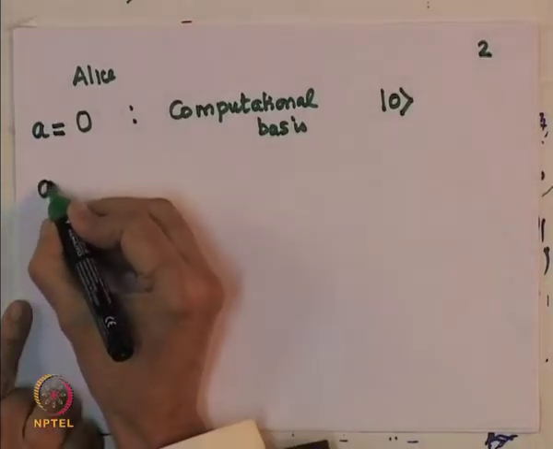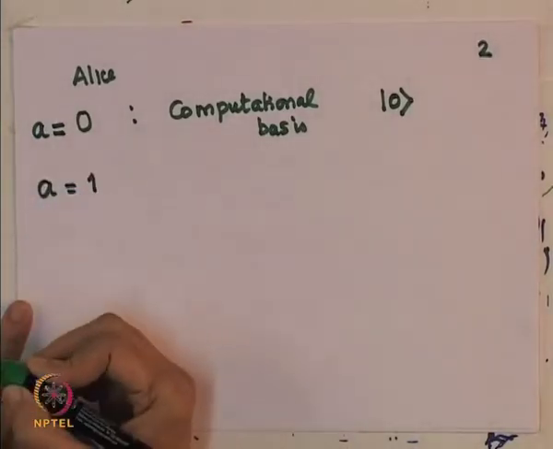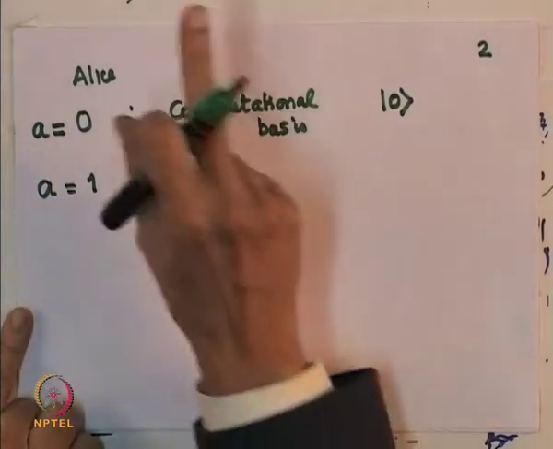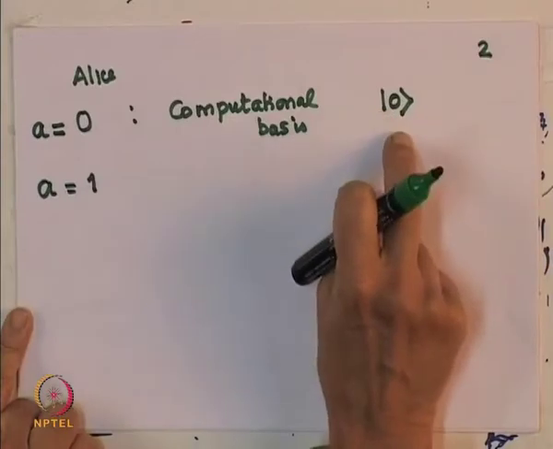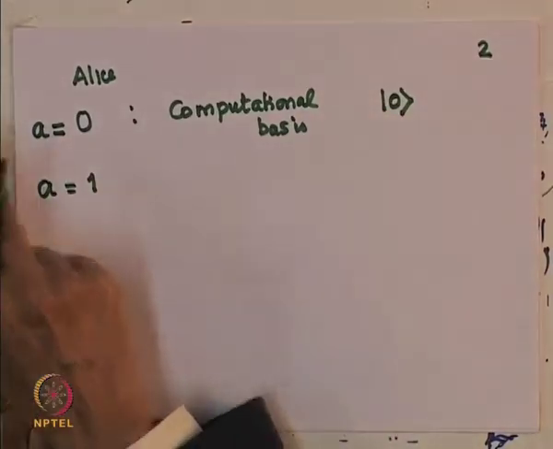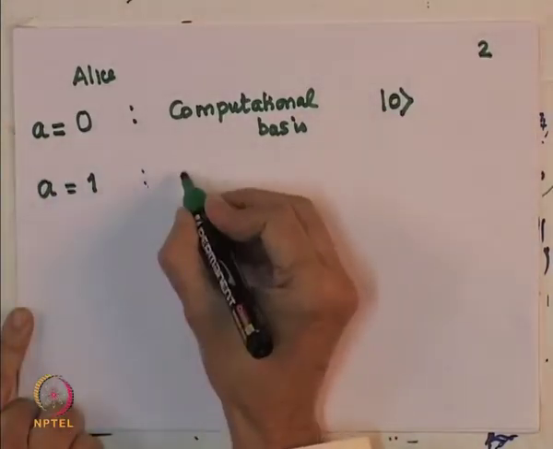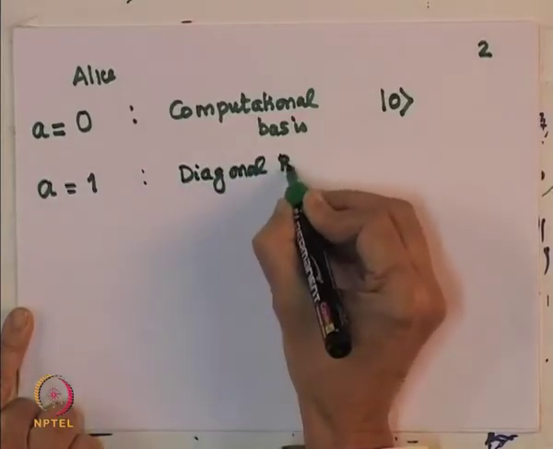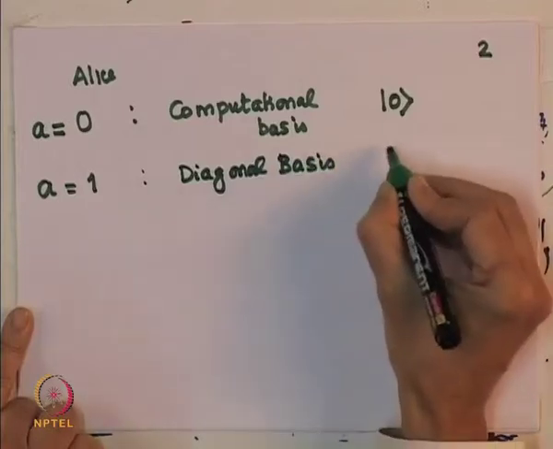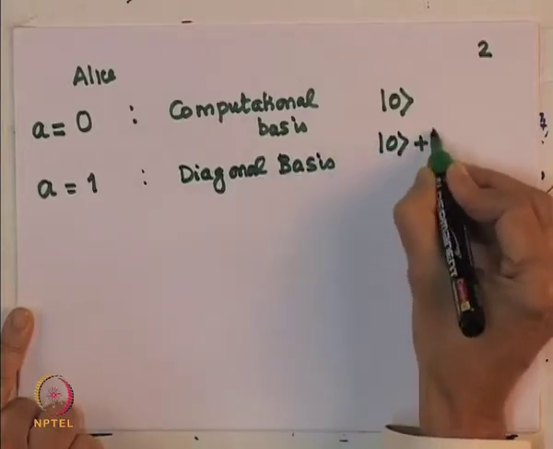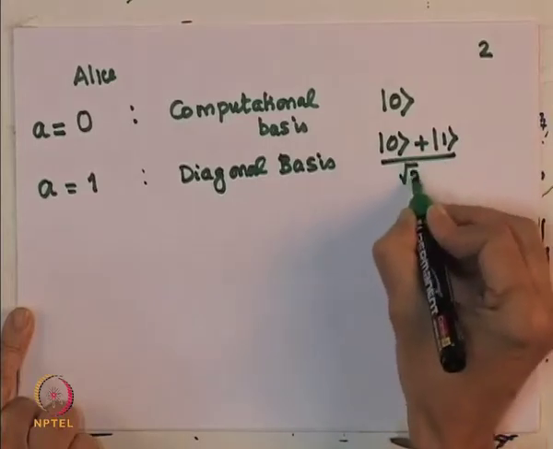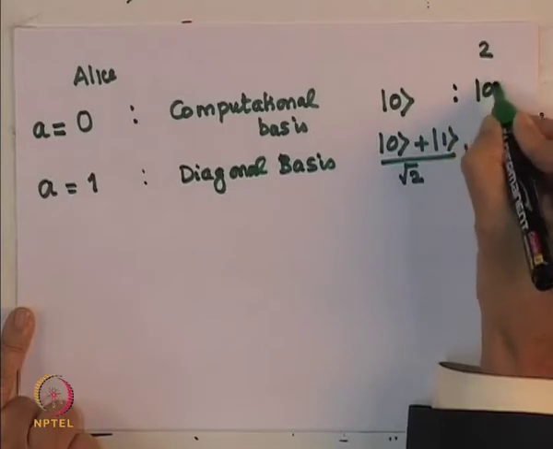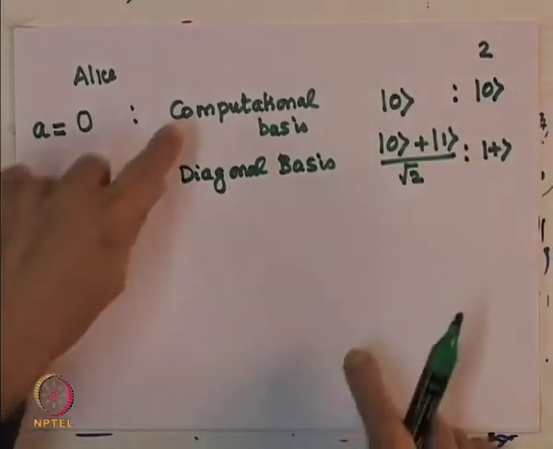Now if she wants to encode a bit 1, she will not use the vertical basis, this was horizontal, as was used in the previous case, but she will use the diagonal basis and encode it as (0 plus 1) by square root of 2, namely as plus, and this is the bit 1. So these are predetermined.